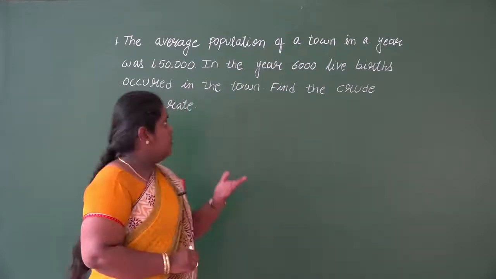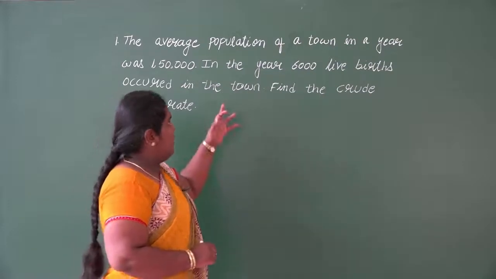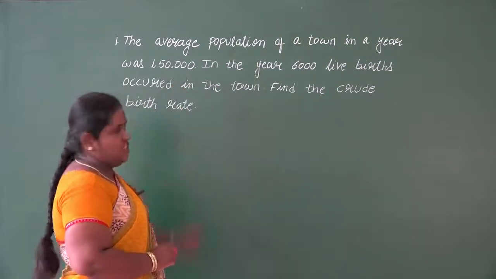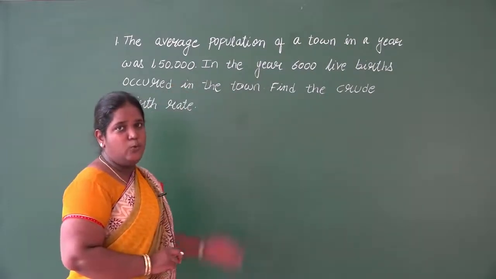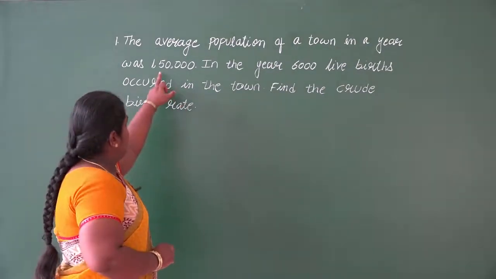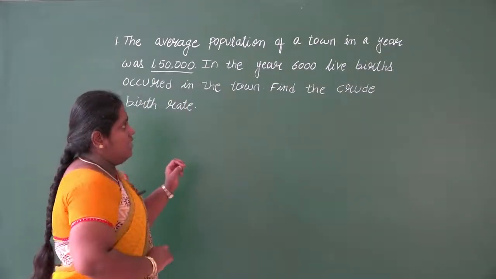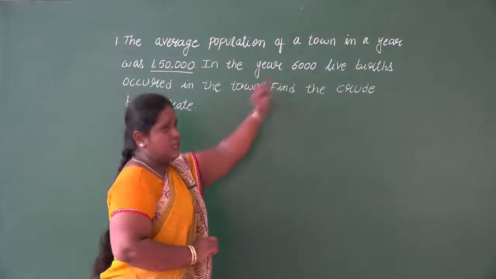Now here I have written the question: the average population of a town in a year was 1,50,000. The population value given is already in terms of average population. Average population is 1,50,000 and the live births are 6,000.